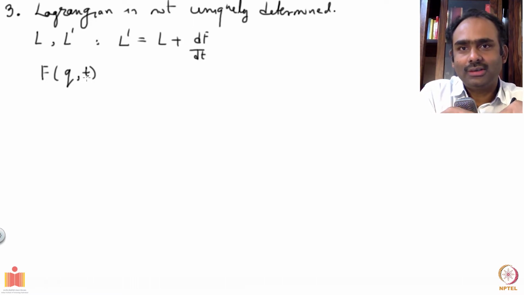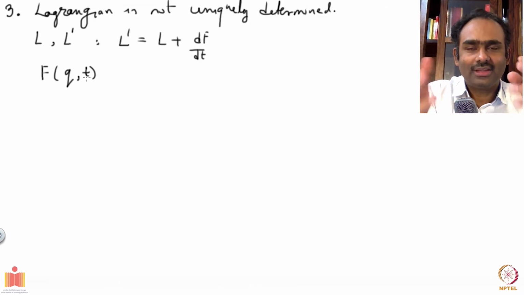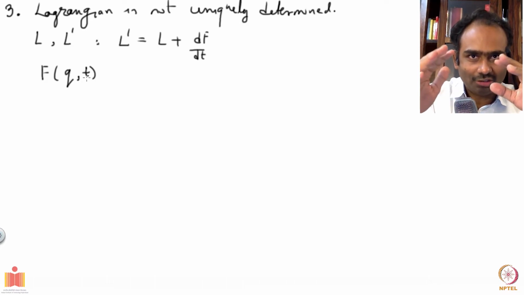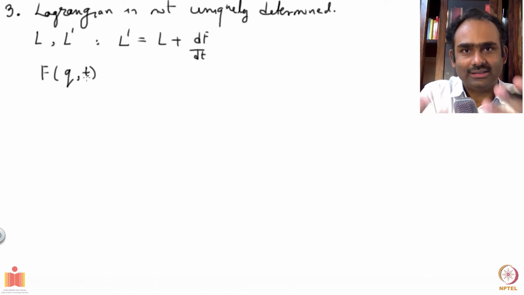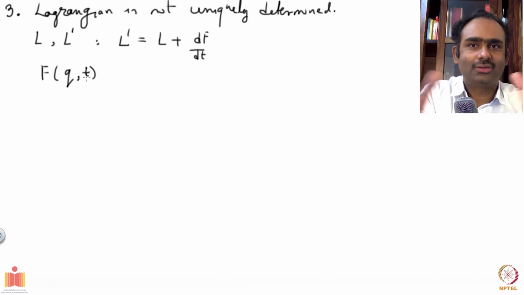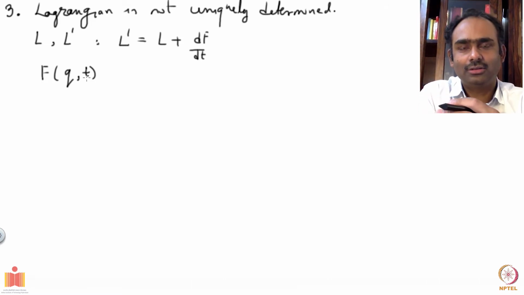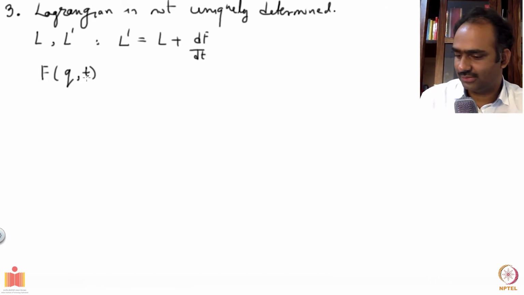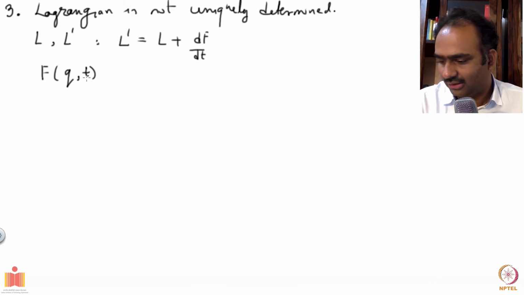Well, what I should do is look at the df over dt term and plug it into the Euler-Lagrange equation. And if the contribution arising from df over dt goes to 0, then we can conclude that indeed L prime and L satisfy the same equations of motion. They give the same equations of motion. So that's what I will do.